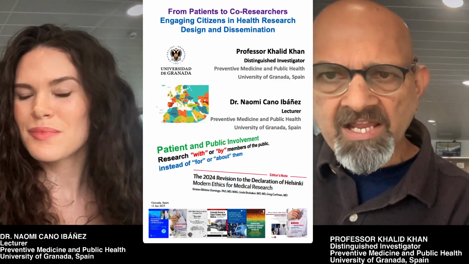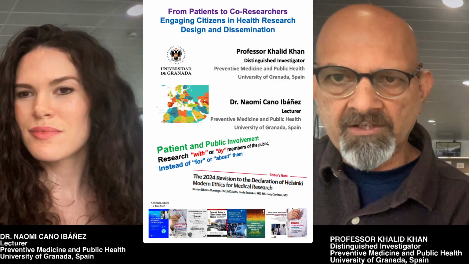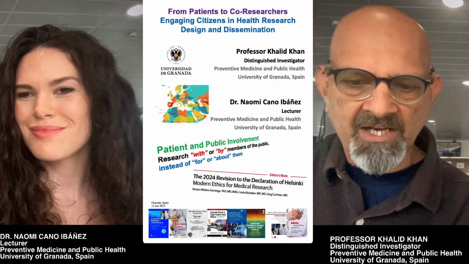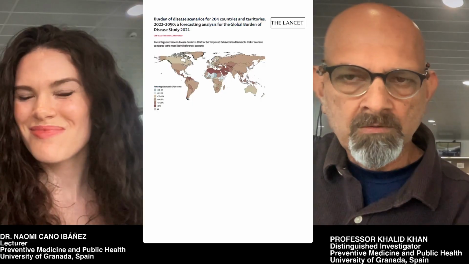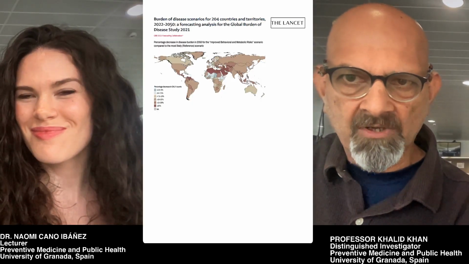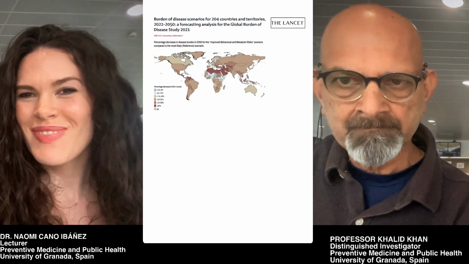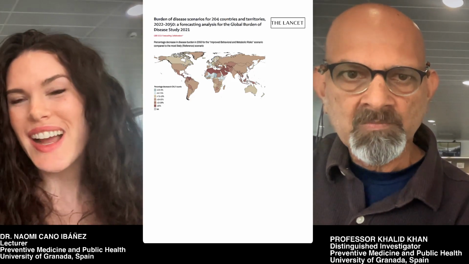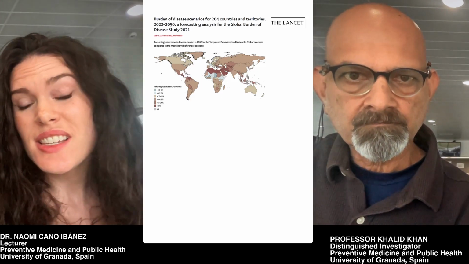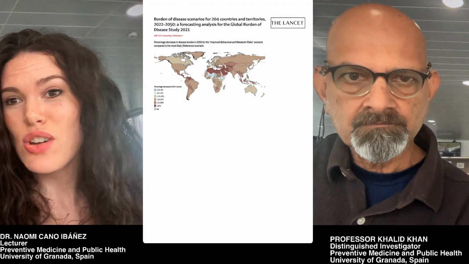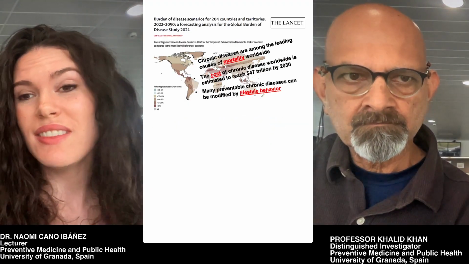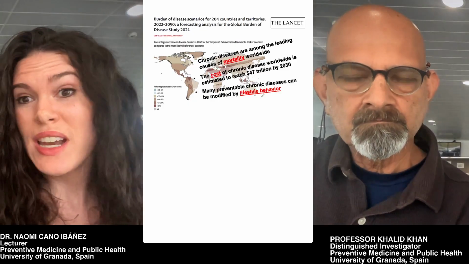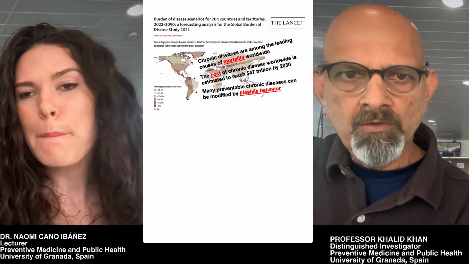So to take this forward in our video, I'd like Naomi, if you wouldn't mind, to set the scene. Can you say what topic you have selected to cover this area? Chronic disease, for example, Khalid. Chronic diseases are the main causes of mortality and morbidity worldwide, and their financial burden is growing.